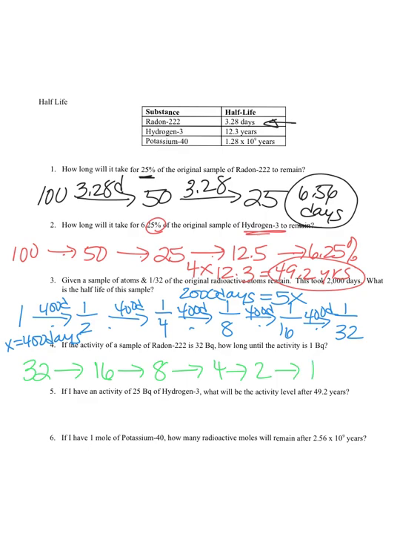So that's the process I do to get to the 1 becquerel. Radon-222 is 3.28 days, and I have 1, 2, 3, 4, 5 half-lives. So 3.28 times 5 is going to give me 16.4 days would be the time that it takes.